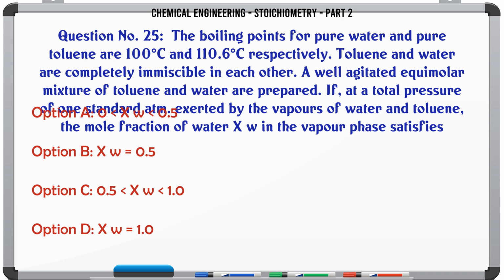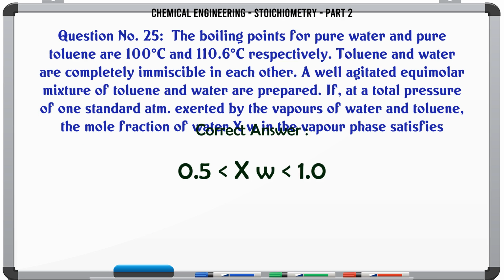If at a total pressure of 1 standard atm, exerted by the vapors of water and toluene, the mole fraction of water xW in the vapor phase satisfies: A 0 < xW < 0.5, B xW = 0.5, C 0.5 < xW < 1.0, D xW = 1.0. The correct answer is 0.5 < xW < 1.0.